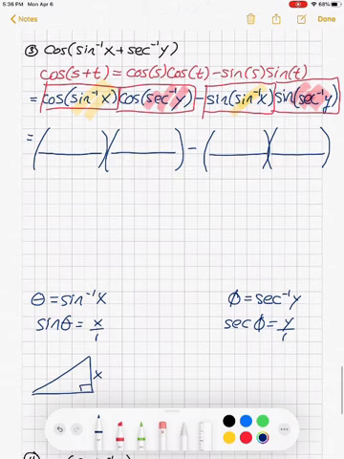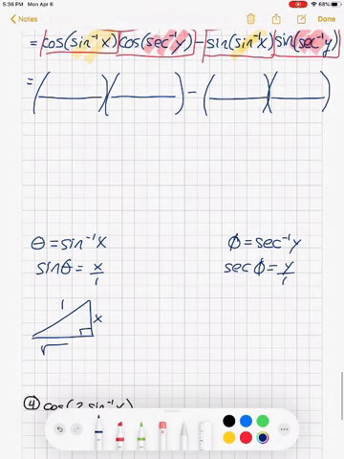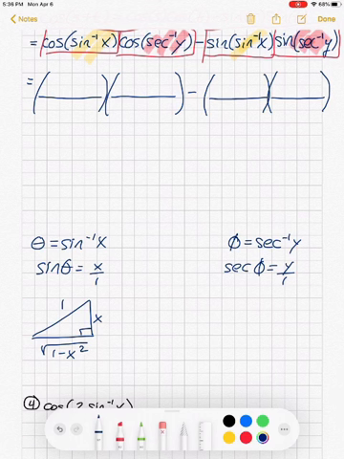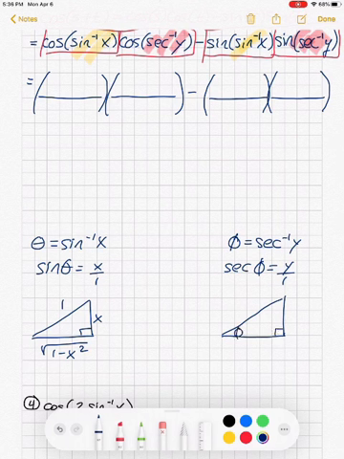Okay, so I think we did this one earlier, didn't we? Pythagorean theorem. Let's finish this one. Okay, secant's the reciprocal of cosine. So if it were cosine, it'd be y here and 1 here, right? So it's vice versa.